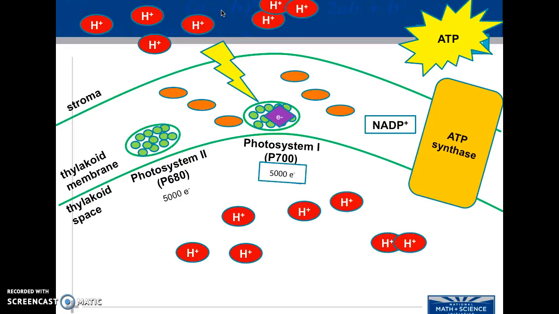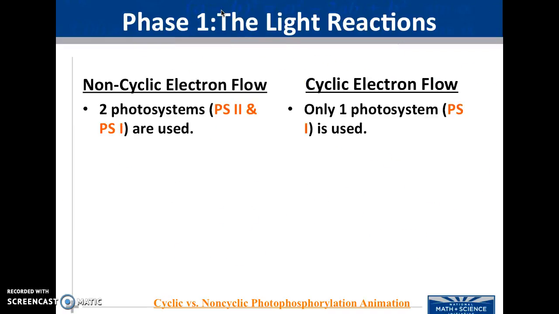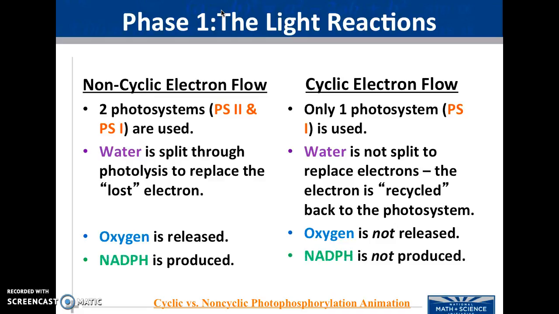Again, this is not in plants. In plants, we have photosystems 2 and 1. This is just a kind of synthesis of the two types of electron flows. What is most important is that we understand the non-cyclic. If you can understand the non-cyclic electron flow, we can understand the cyclic electron flow.